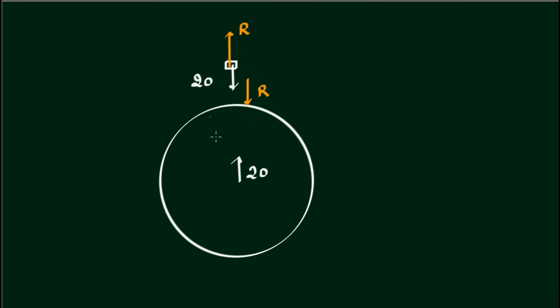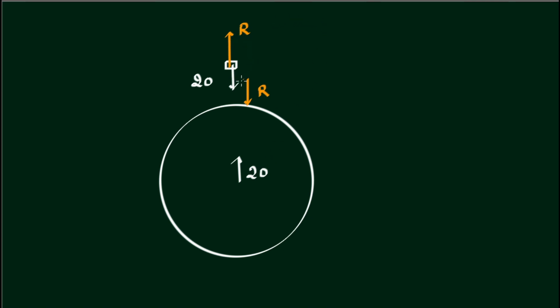As you can see, we have two action-reaction pairs. One is the attractive gravitational action-reaction pair, and one is the repulsive force, interatomic in nature, between the floor and the bottom of the box. So this R, which is acting on the box, and this 20 newtons acting on the box, one comes from one action-reaction pair, the other one comes from a different action-reaction pair.